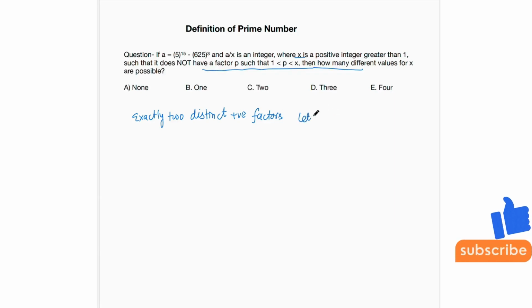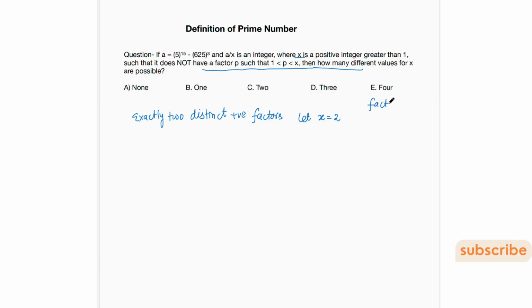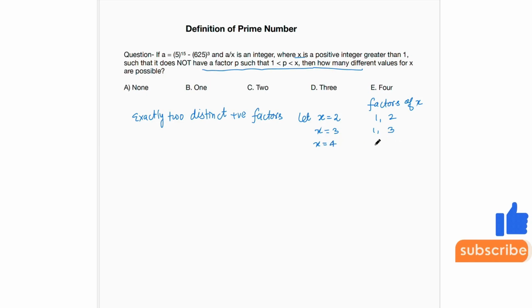For example, let's say x is 2. Let's write down the factors of x: 1 and 2. So there is no factor between 1 and x. If I take x as 3, the factors are 1 and 3. But as soon as I try to take x as a non-prime number, then I can see there is a factor between 1 and the number itself.